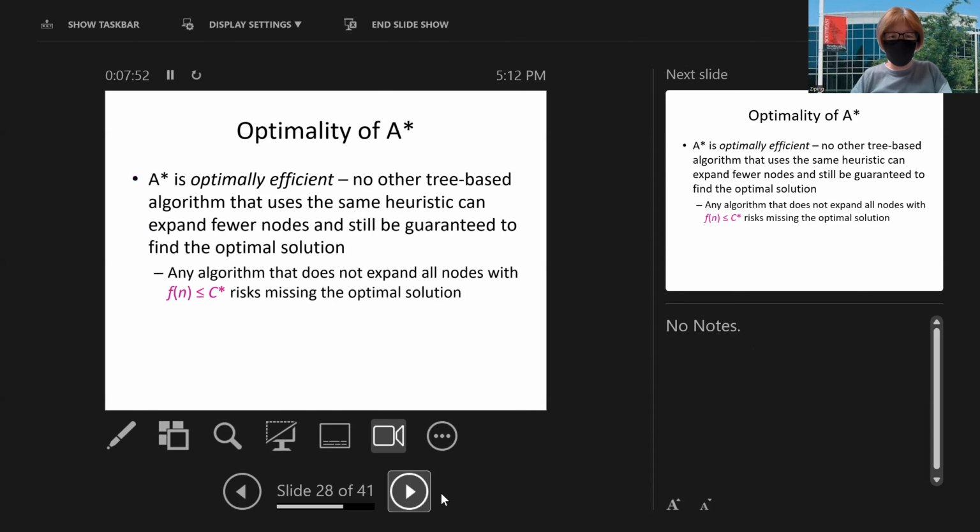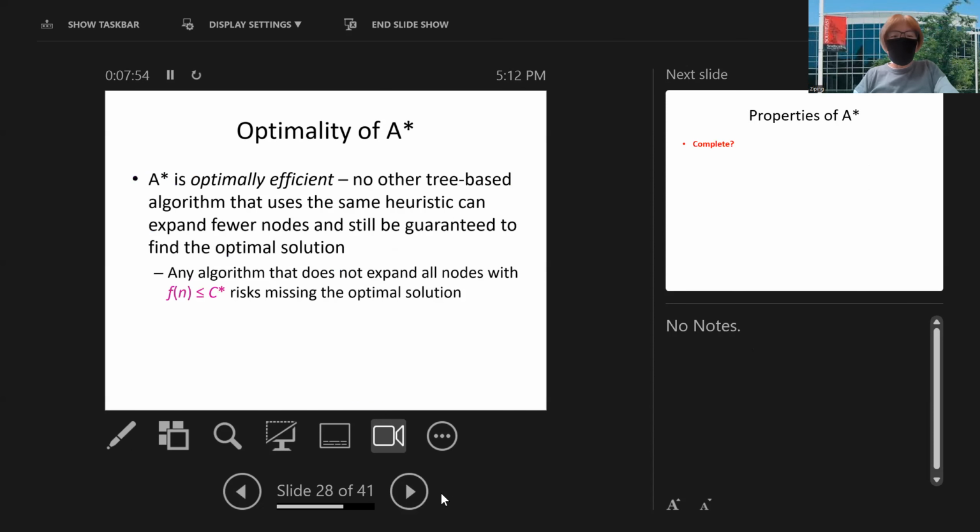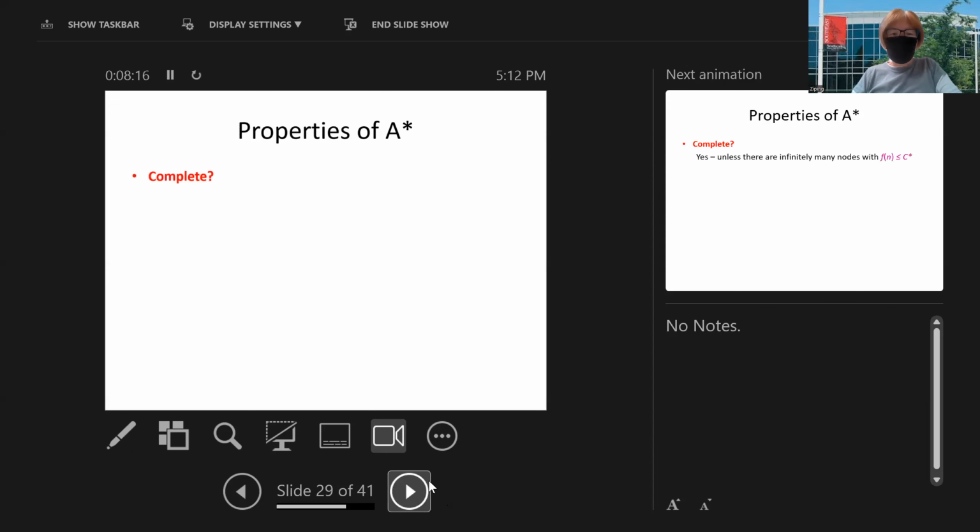Okay, let's take a look. It says A star is optimally efficient: no other tree-based search that uses the same heuristic can expand fewer nodes and still be guaranteed to find the optimal solution. So here it gives us more idea about A star.